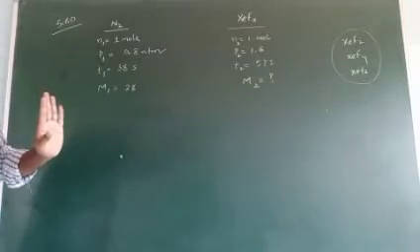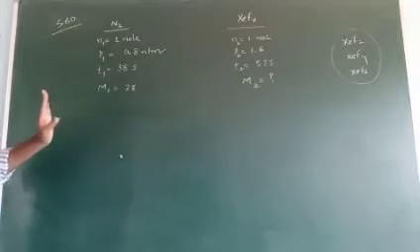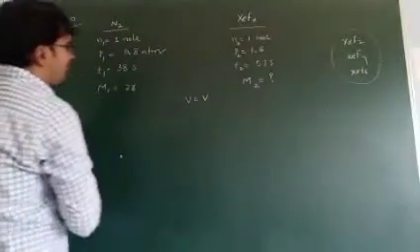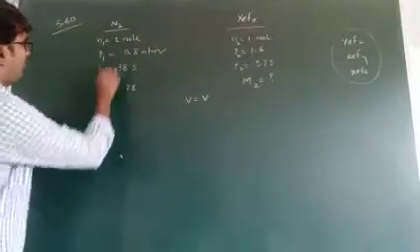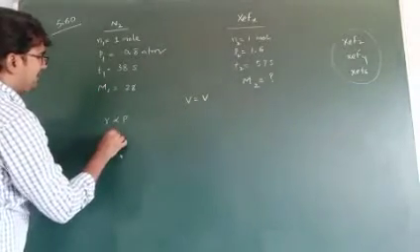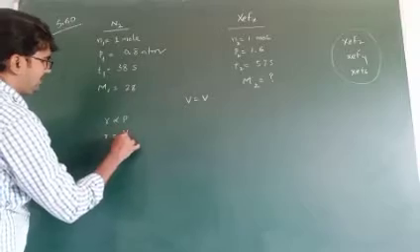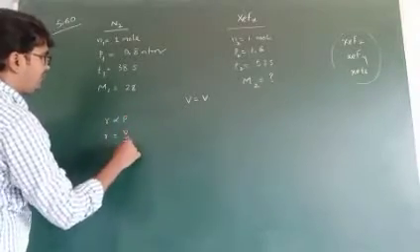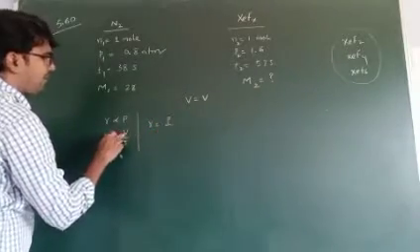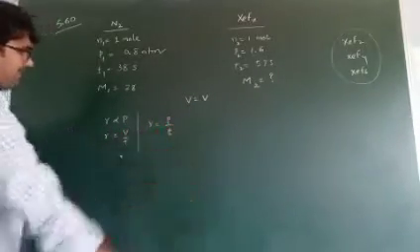Same pinhole means volume is same here. So volume is same here means we know that R is proportional to P and R is equal to V by T. So based on these two we can write R equal to P by T, actually volume is same here.